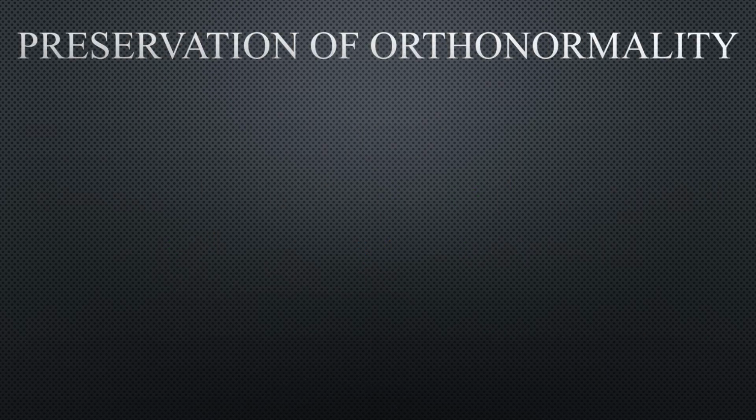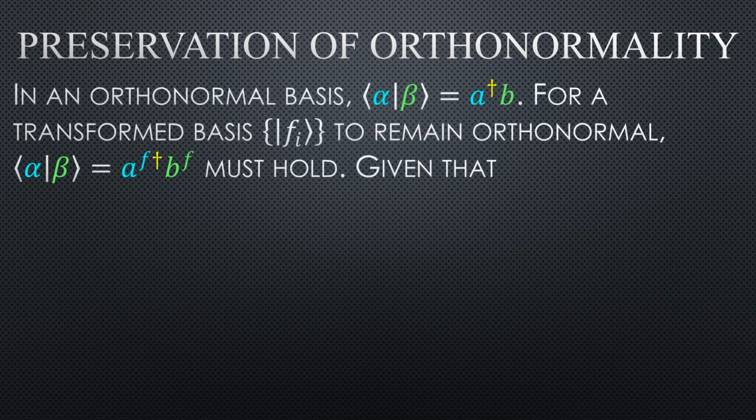Now, as far as the preservation of orthonormality is concerned, the necessity for S to be a unitary matrix becomes apparent when we are examining the orthonormality condition in the transformed bases. So in an orthonormal basis, we're told that the inner product of alpha beta is equal to A dagger B, okay? This comes out to a number, and again, there's another way to look at this, which we'll cover next, but let's go with the definitions given in the appendix.